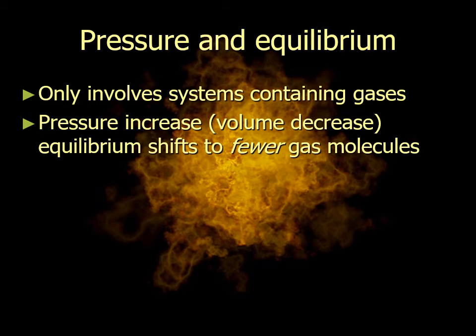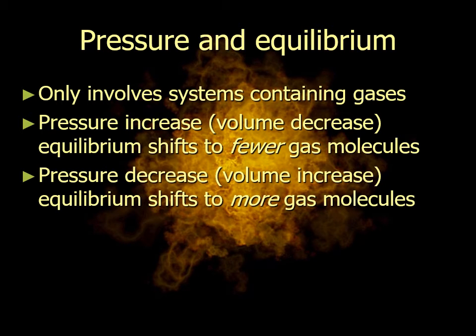So here it's not necessarily about increasing pressure shift to the left or to the right. Does it shift to the side that has fewer gas molecules? That's the whole point here.